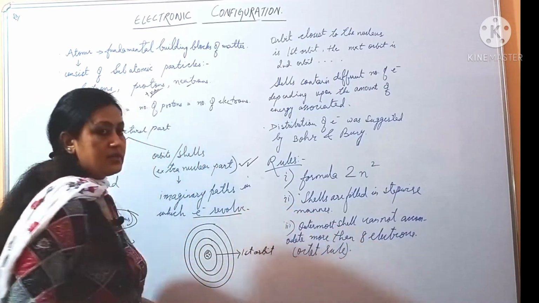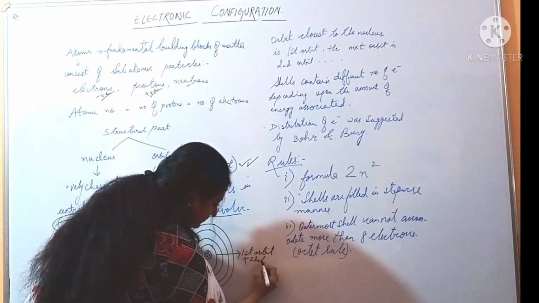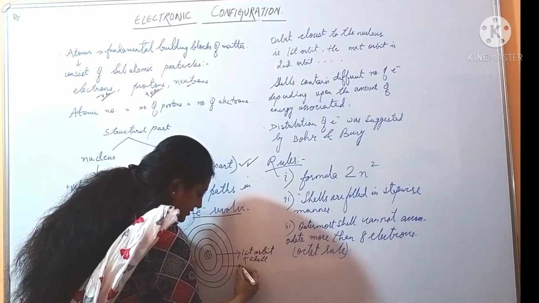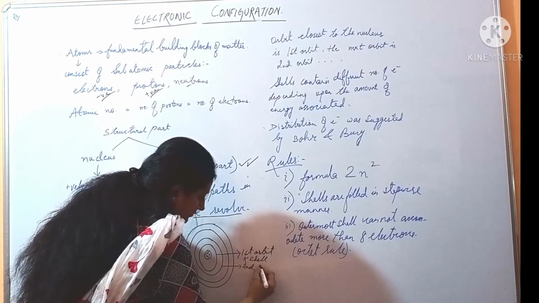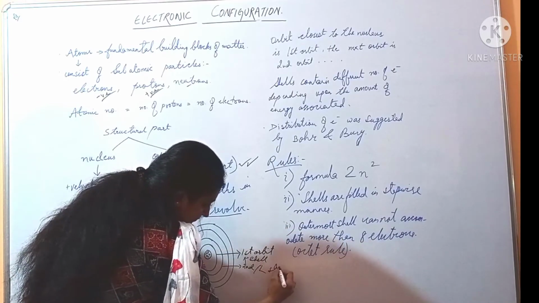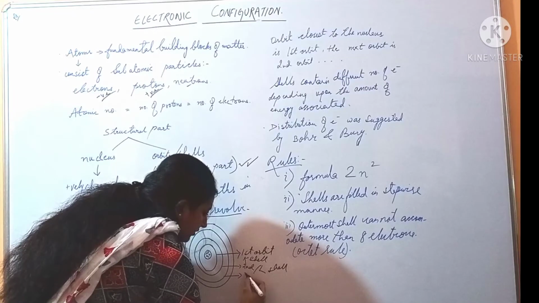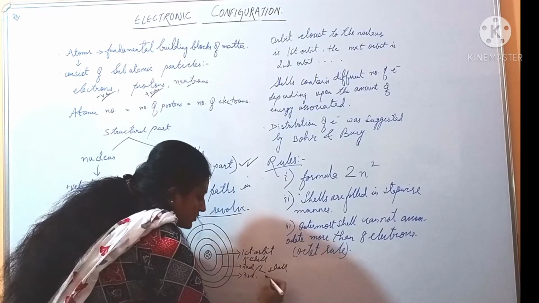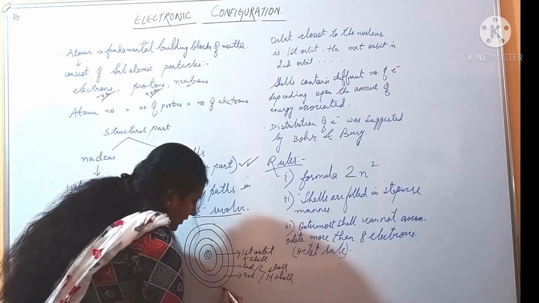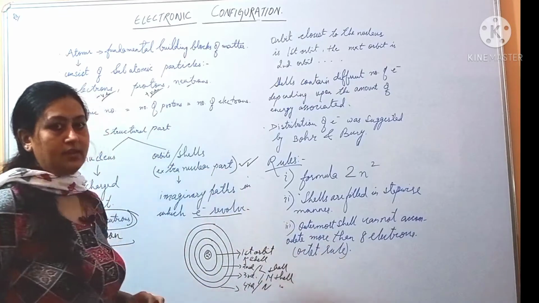This is also called the K shell. Okay. The next one is the second orbit, also known as the L shell. Okay. Then the third orbit, also known as the M shell, and likewise it goes on. Next is the fourth orbit, also known as the N shell, and like that it goes on.